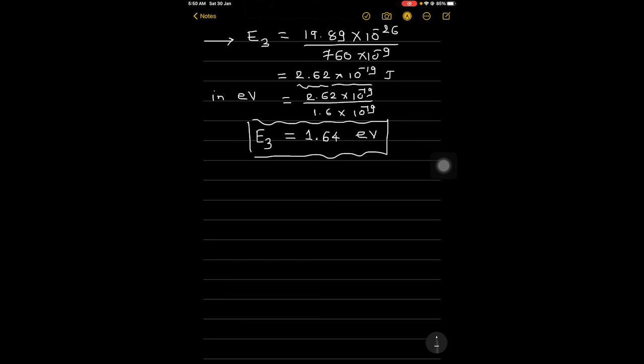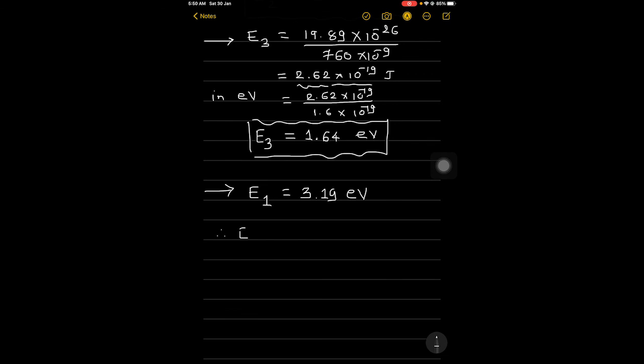So here the energy of violet light, E1, is 3.19 eV.